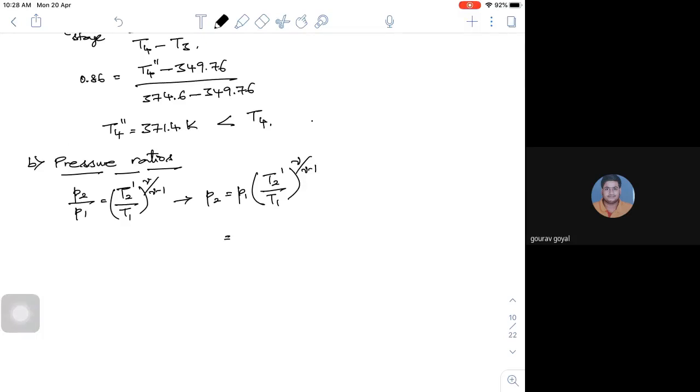So if I substitute in terms of Newton per meter square, then I have to put 1 into 10 to the power of 5. So T2 dash, just now we calculated, it was 321.4 divided by your T1, which is 300. And this being air, I can take gamma as 1.4 minus 1.